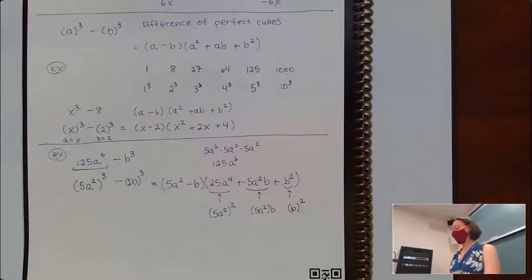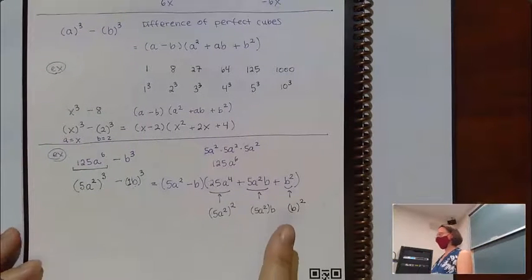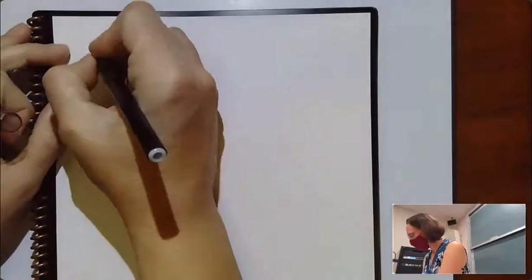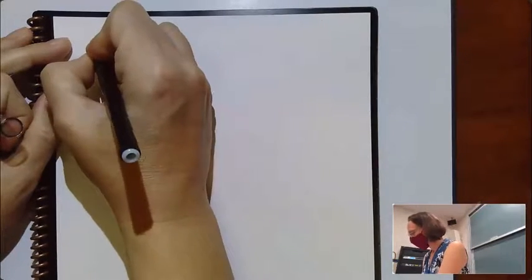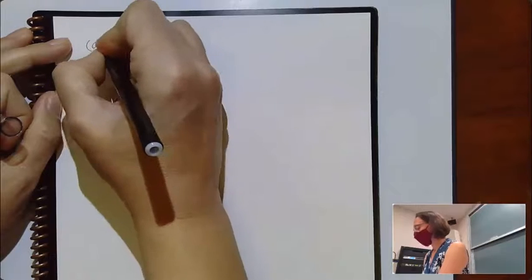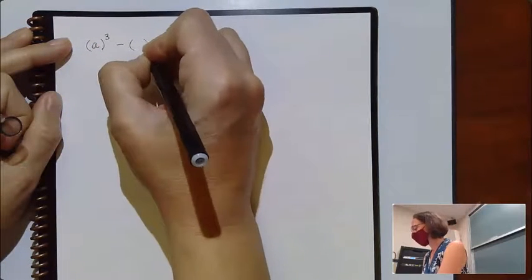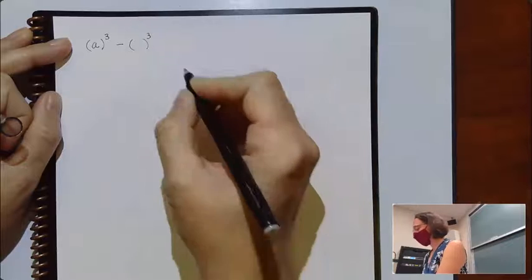Let me just do another example that's a little less messy, and we'll see if I get it answered. I'm going to rewrite the formula again, just so that we have it ready at our disposal. The formula says I have something in parentheses cubed minus something else in parentheses cubed.